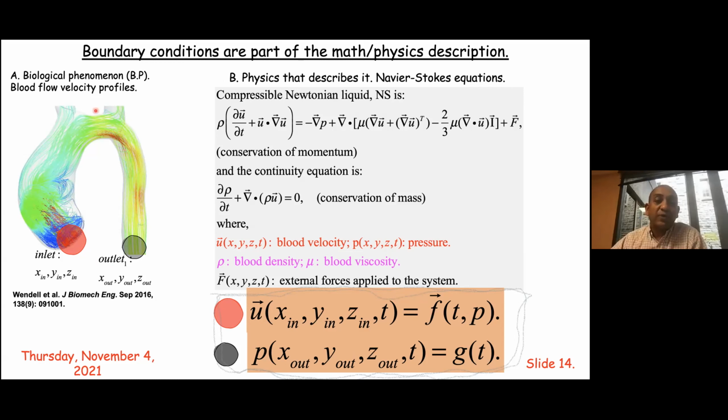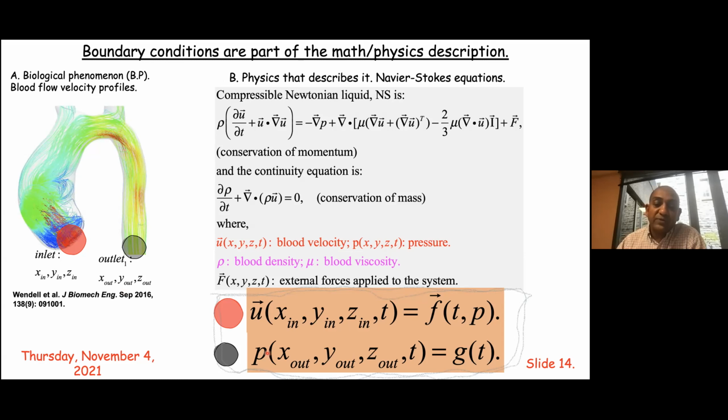As soon as your outlet is far away from the inlet, you might get away by assuming that this is a very low pressure and therefore a very constant pressure in comparison to the activity going on at the inlet. You can see already from the velocity profiles that there's a lot going on at the start of the aortic root as opposed to what's going on at the outlet.